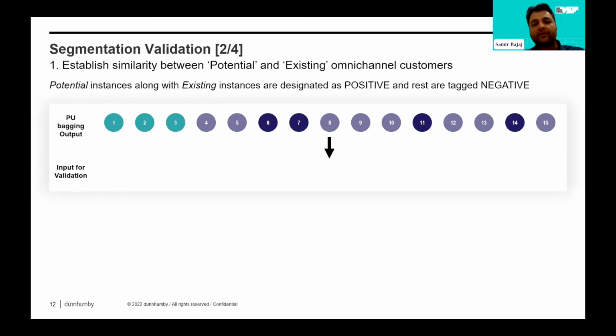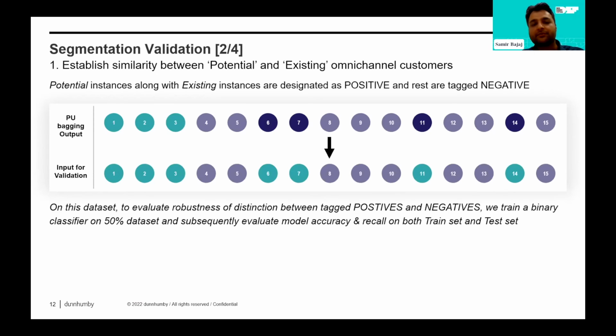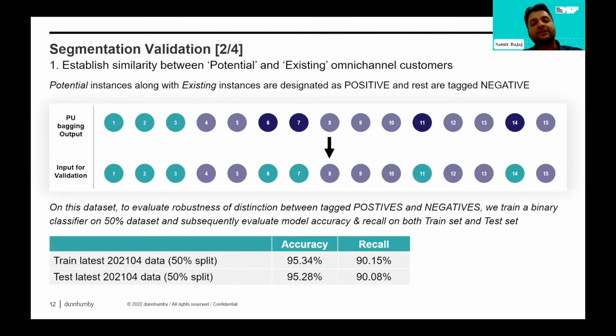So what we do is we take all those customers as positive and remaining customers are negative. And we do a good old 50% train test split on this and build a binary classifier on the train set. And we evaluate the accuracy on both train set and the test set, both accuracy and recall.